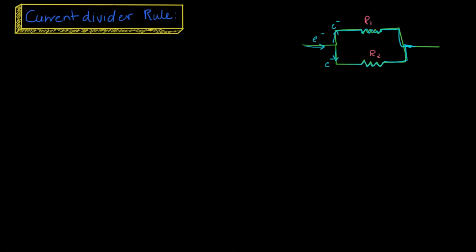Now, what determines how many electrons move through each of these branches is the individual resistances on each side. So obviously, electrons like to travel through the path of least resistance. So if we say our resistor 1 is 1 ohm and our resistor 2 is 2 ohms, we would expect more electrons to travel through the path of resistor 1, so through here, because it has half the resistance of R2.